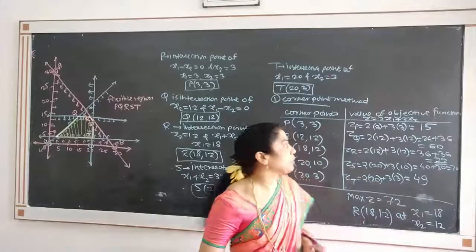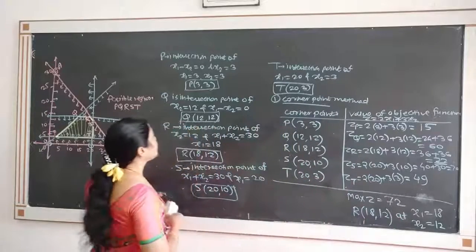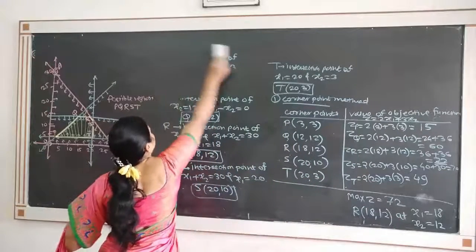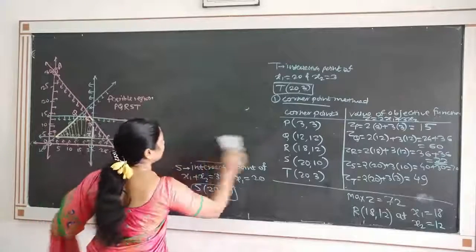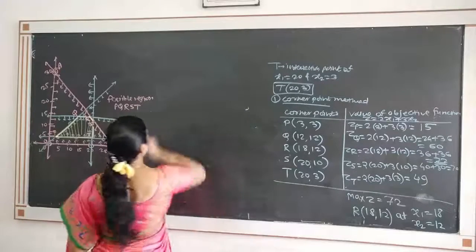Now to see the second method, that is the isoprofit function line approach.